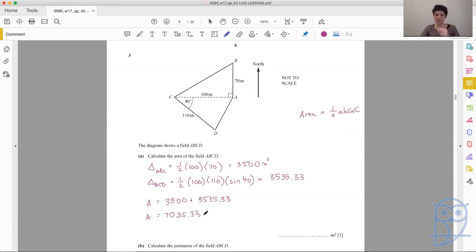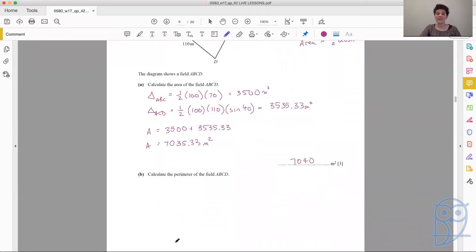Then we must stop. There is no information in the question, which means our answer is to 3 significant figures. So our answer here is 7040 meters squared, because we're rounding this to 3 significant figures.